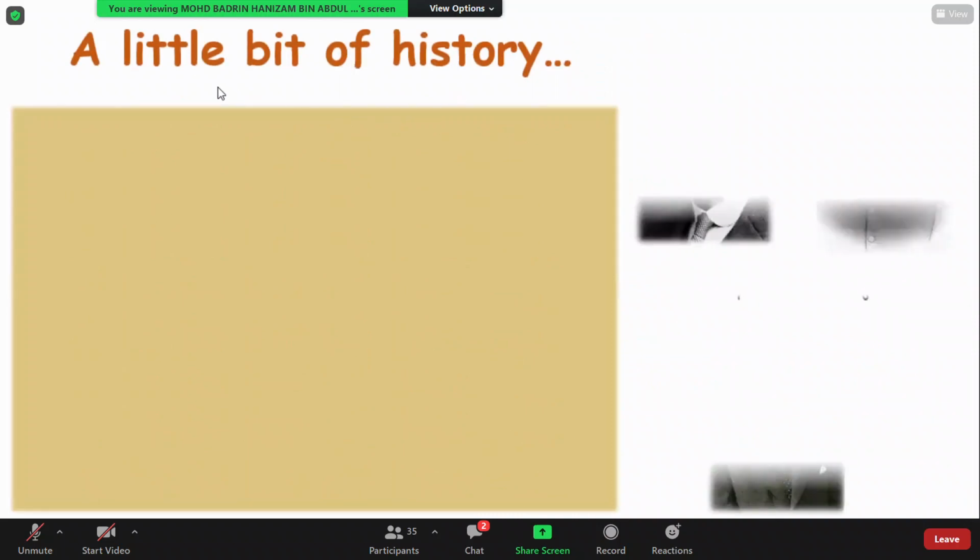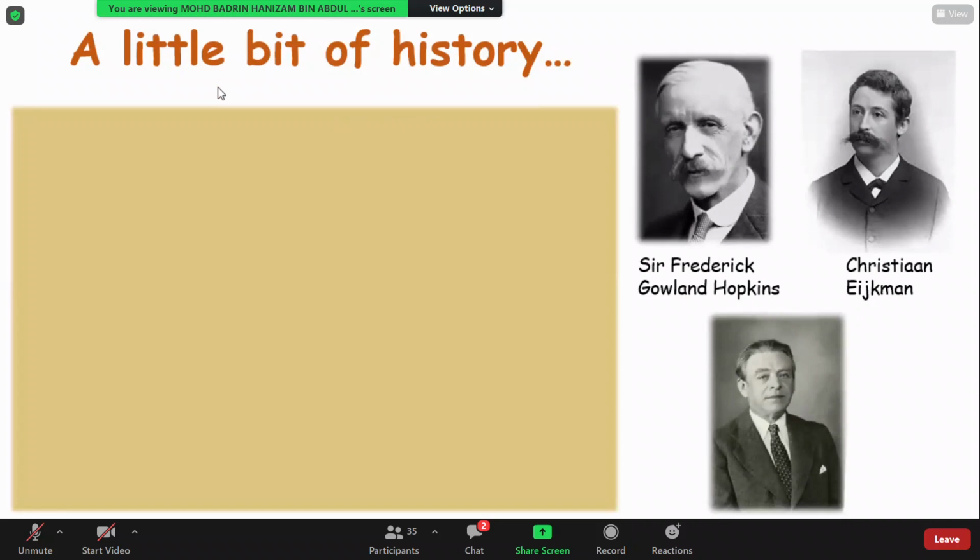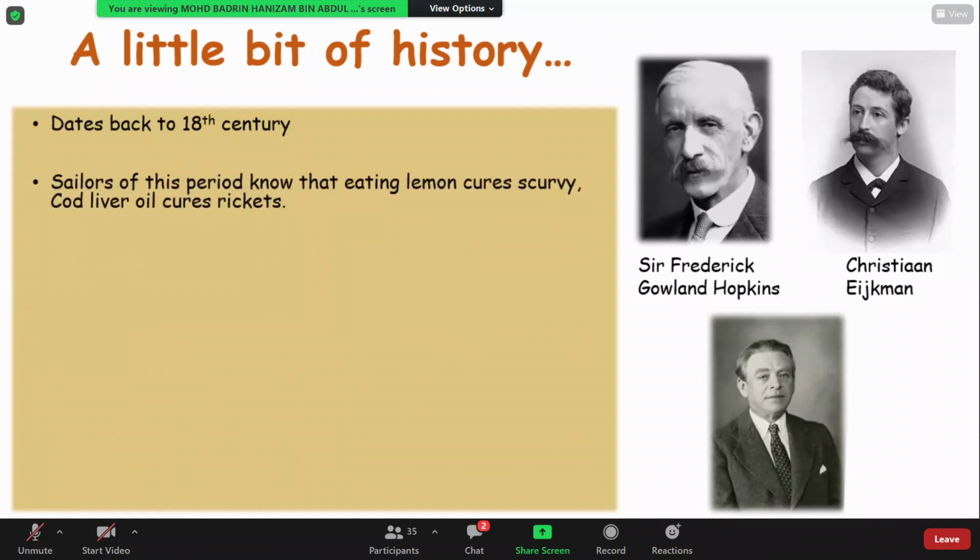So a little bit of history on these vitamins. We go back, dated back to the 18th century. The sailors during this period knew that by eating lemon they could cure scurvy, and by taking cod liver oil they could cure rickets, but they didn't know why.